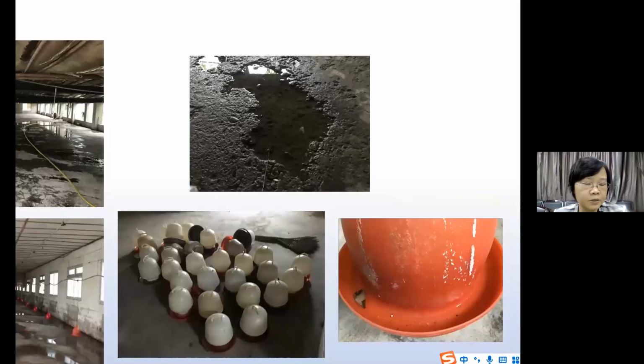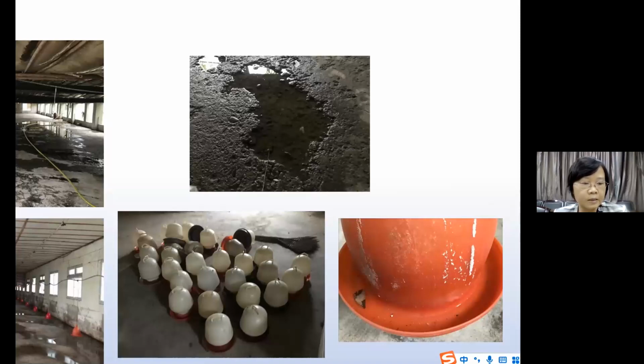Furthermore, biosafety and environmental safety have not been managed well. When there are no chickens, or after half a year, we tested the surface of the floor, the water and the drinker, and we identified NDM-positive bacteria.